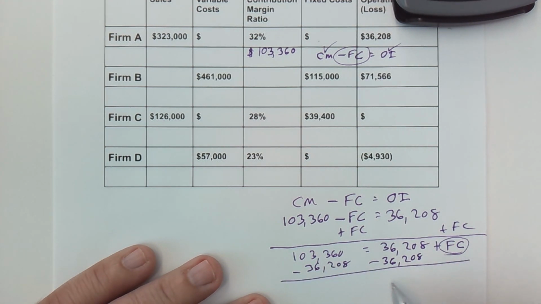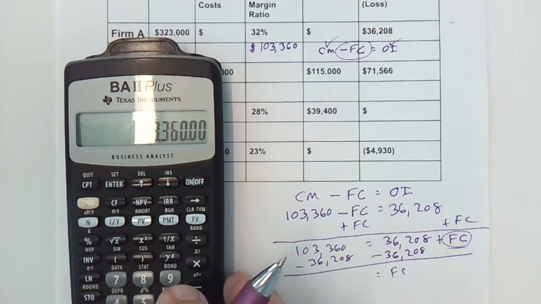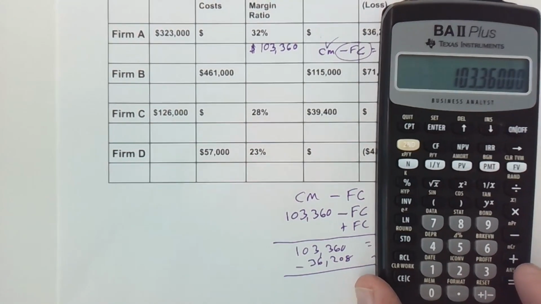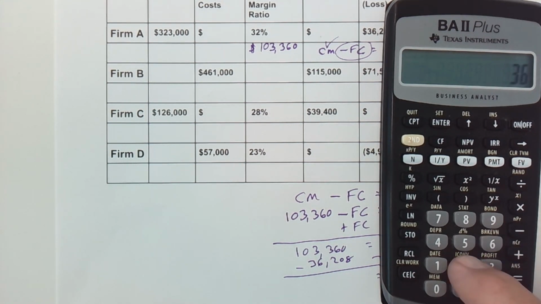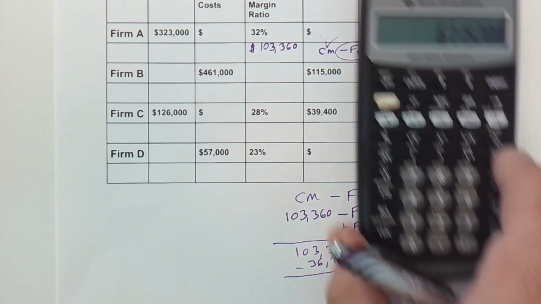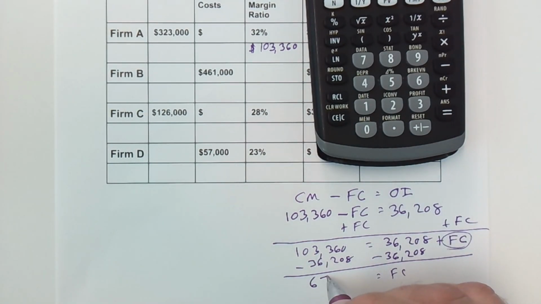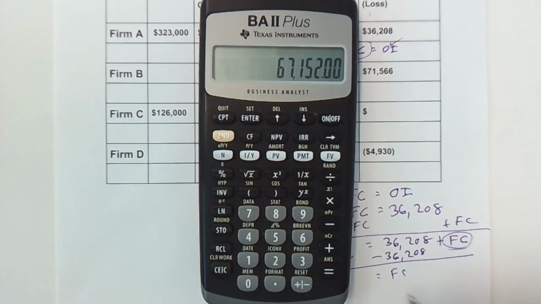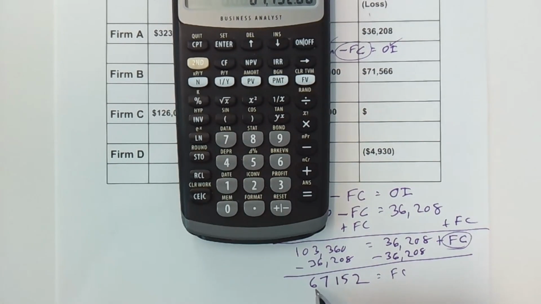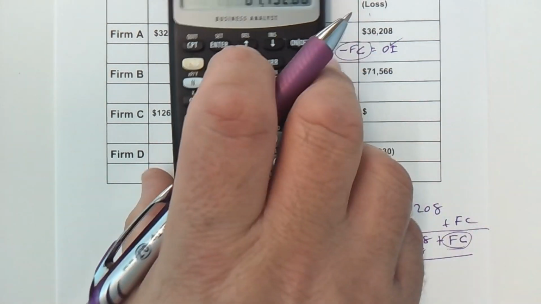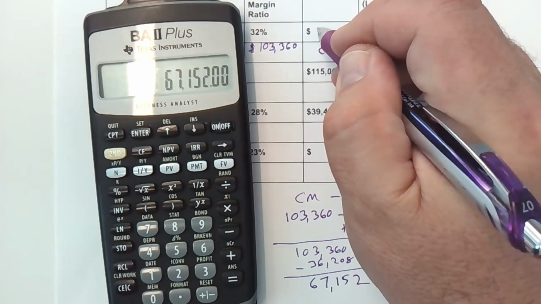That gives me fixed costs equal to the 103,360 already on the screen, just subtract out the 36,208, and that gives us 67,152. That is our amount of fixed costs.